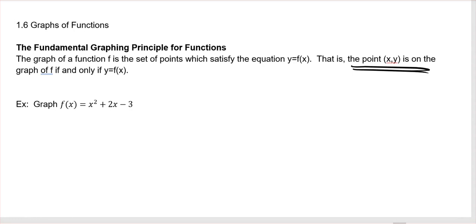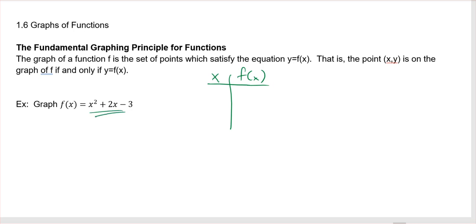What's sort of implied here is that we can generate ourselves a whole bunch of points just by picking out values for x and finding corresponding function values, right? This is what we did previously when we were drawing graphs, but we called this thing y, right? So we're just going to do the same thing.